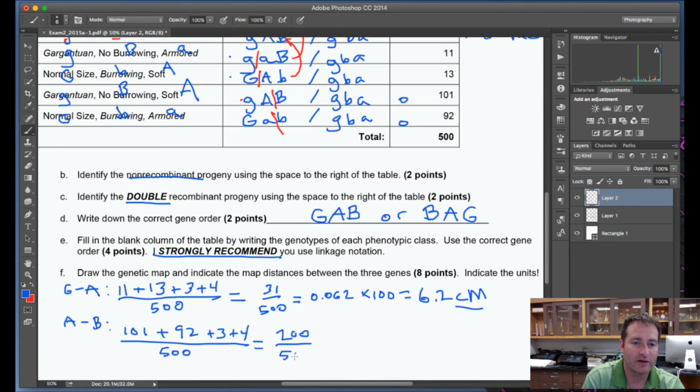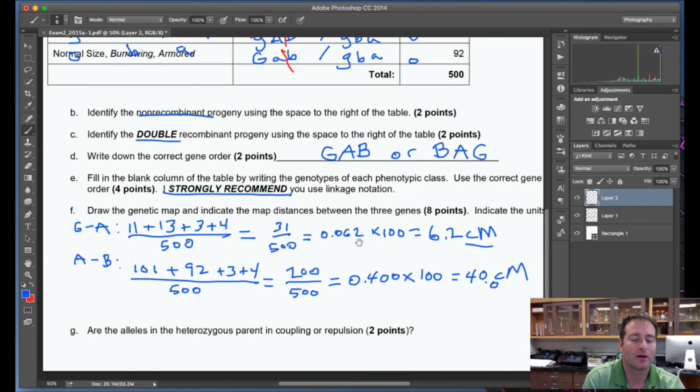Let's do the math again. 101 plus 92 is 193, plus 3 is 196, plus 4 is 200. Divided by 500, that's 0.40, so 40.0 centimorgans.